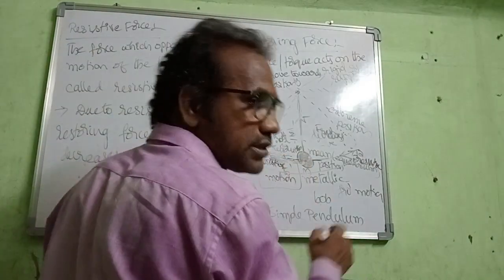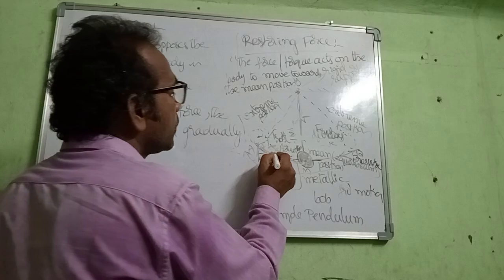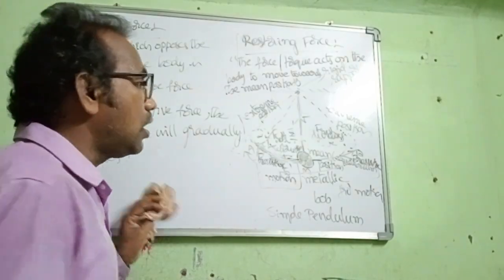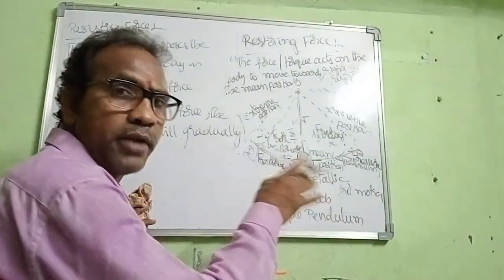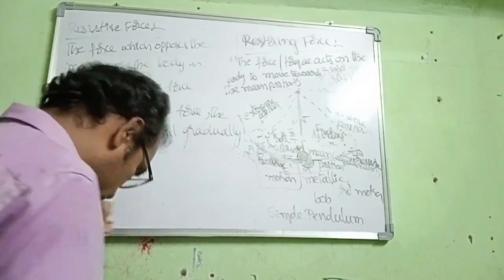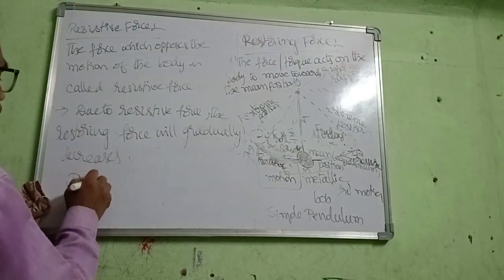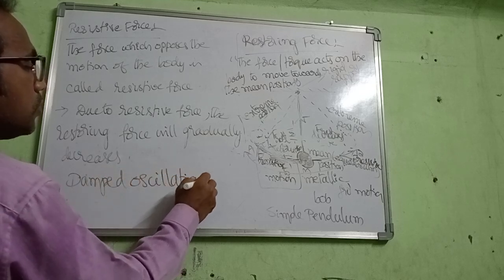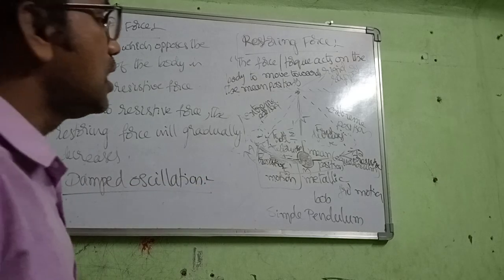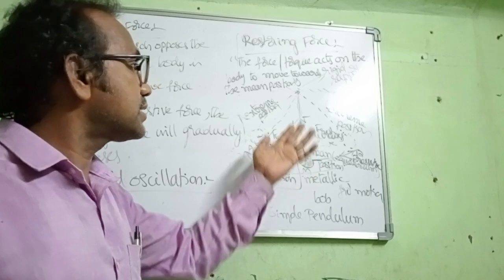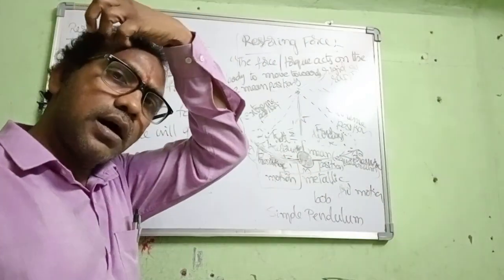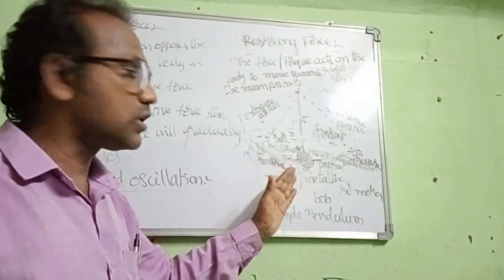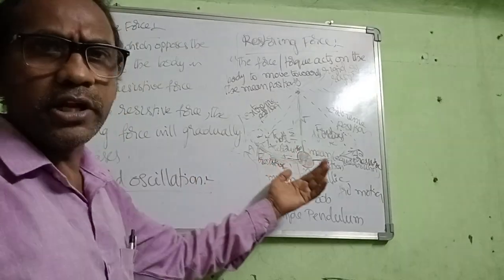So after some time, whenever the energy is decreasing, automatically the oscillations made by this simple pendulum are called damped oscillations. What are damped oscillations? When a simple harmonic oscillator is making oscillations, due to the resistive force acting on the simple pendulum, the restoring force gradually decreases, and the energy gradually decreases.